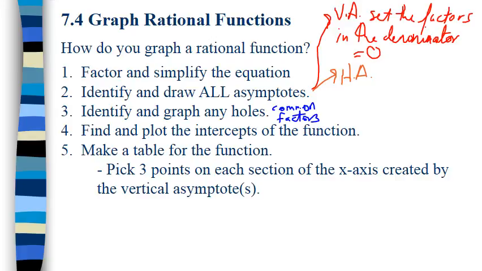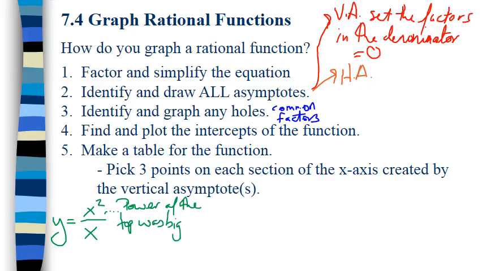So we just had a function where the numerator was larger than the denominator. That happened because we had y equals x squared over some stuff over x, so the power of the top was bigger. When the power of the top is bigger, the numerator keeps getting bigger faster than the denominator.